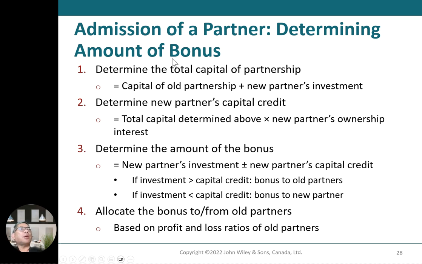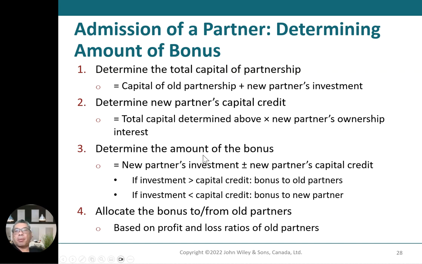So, in terms of determining the amount of bonus, number one, you need to determine the total capital of the partnership, which equals the capital of all partners plus the new partner's investment. Number two, determine the new partner's capital credit, which is the total capital determined above times the new partner's ownership interest.